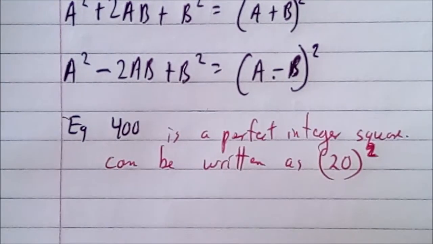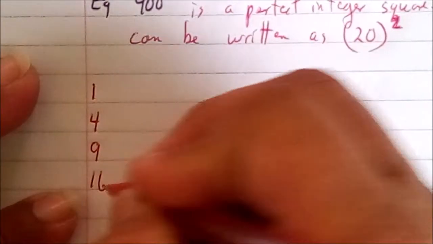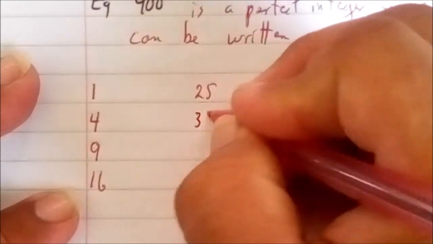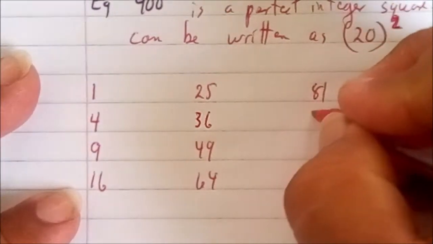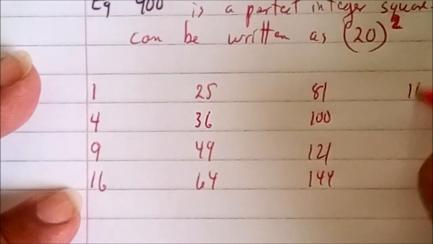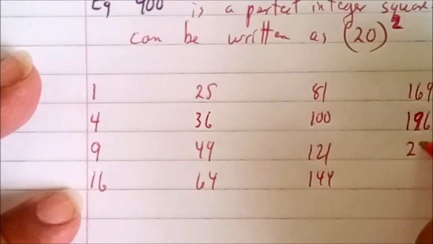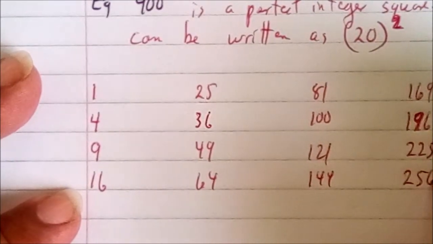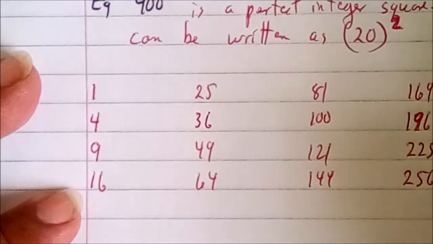Let me give you examples of basic perfect squares. So I can have 1, 4, 9, 16, 25, 36, 49, 64, 81, 100, 121, 144, 169, 196, 225, 256, 289, 324, 361, and 400.